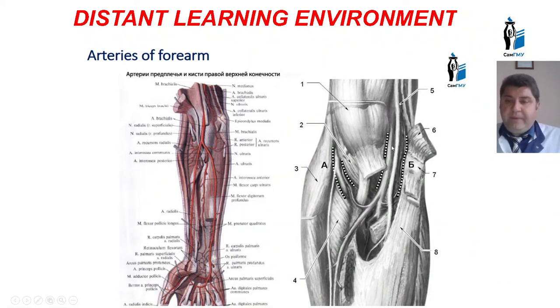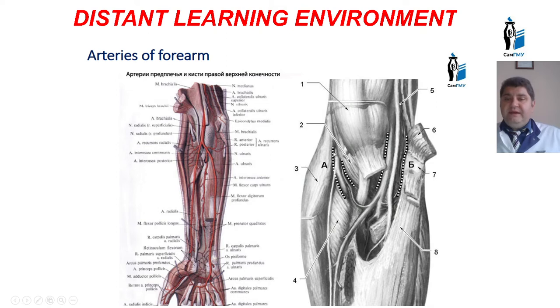You may see the terminal part of the brachial artery and the place of division into the radial artery and ulnar artery here. This is the cubital fossa, and you may also see it here. So the cubital fossa also has borders.